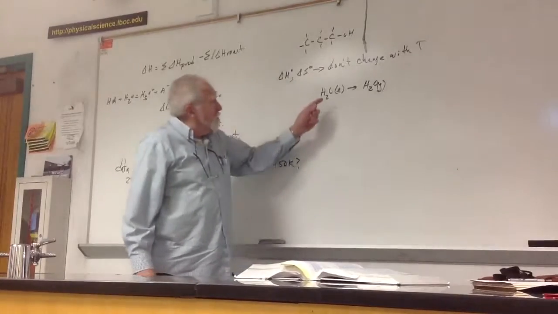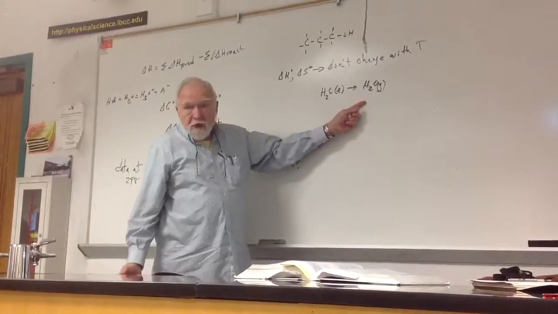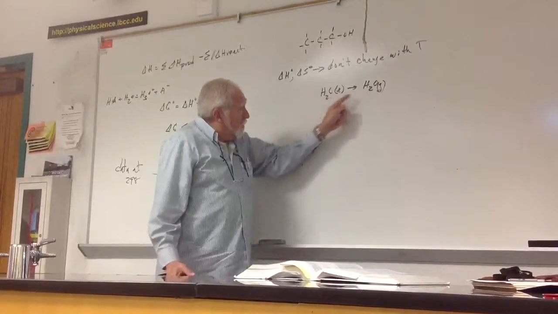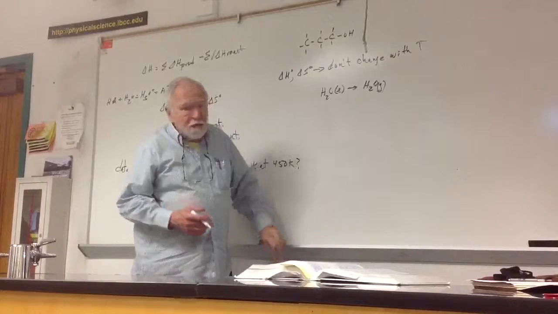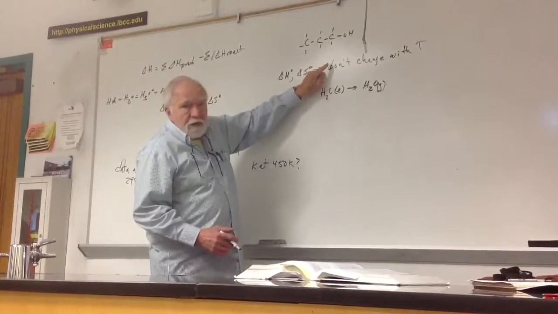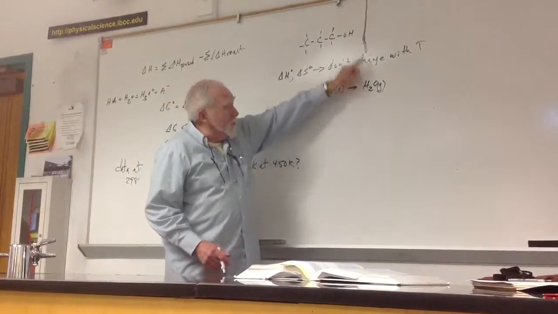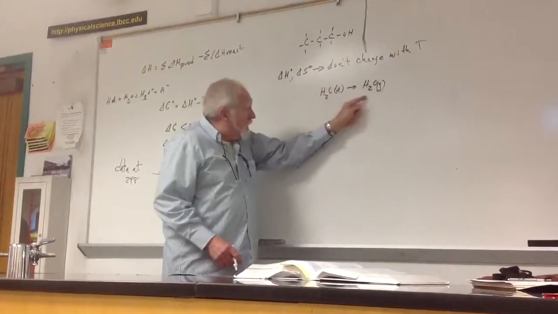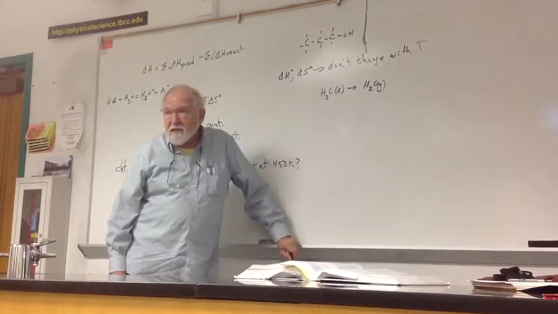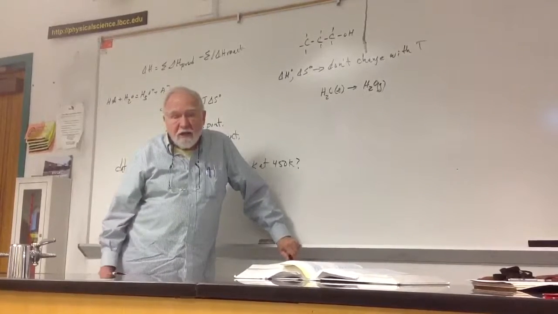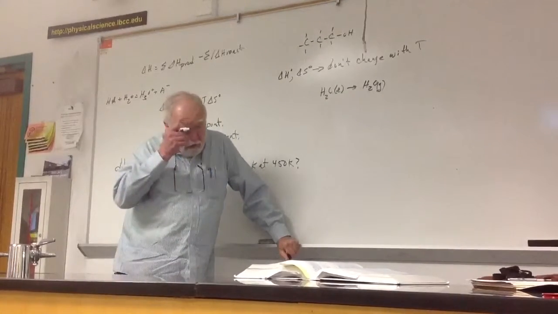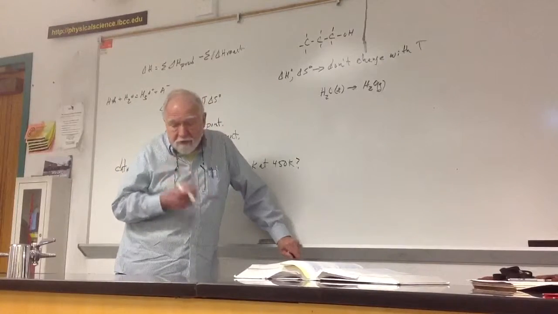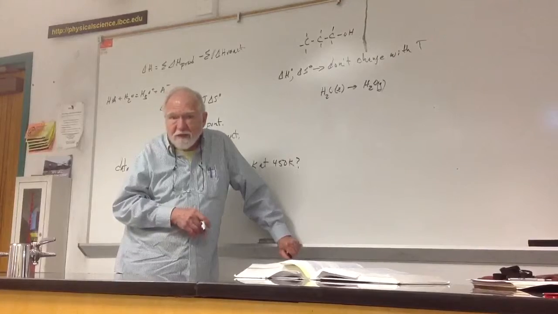And it doesn't matter whether I do that change at 298 or at 300. The entropy of this goes up as the temperature goes up, the entropy of this goes up as the temperature goes up. But the entropy change between these two states stays essentially the same as the temperature increases. And as I said, that's not exactly correct, but for the purposes of this textbook and beginning chemistry classes, that's the assumption.